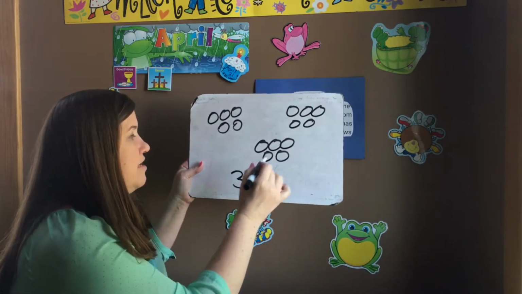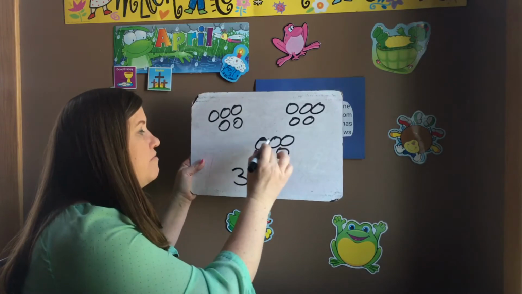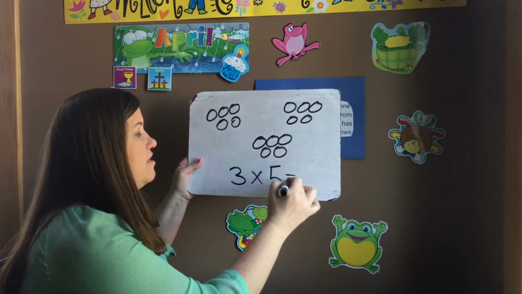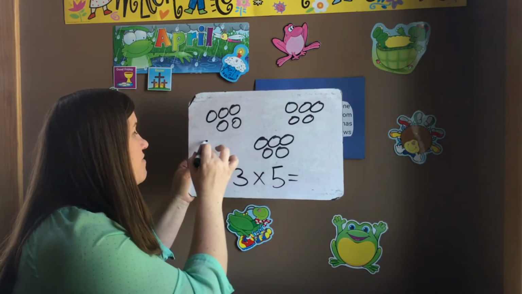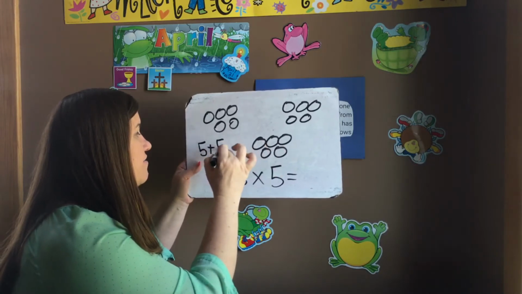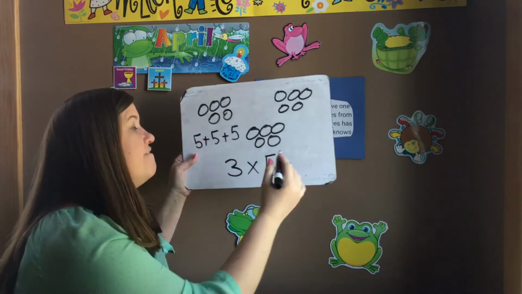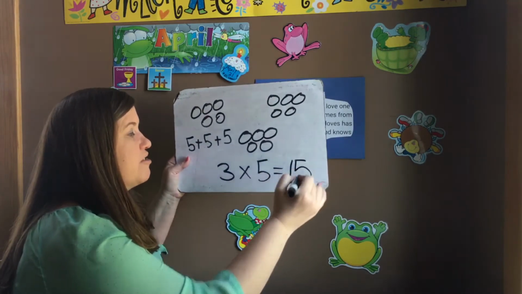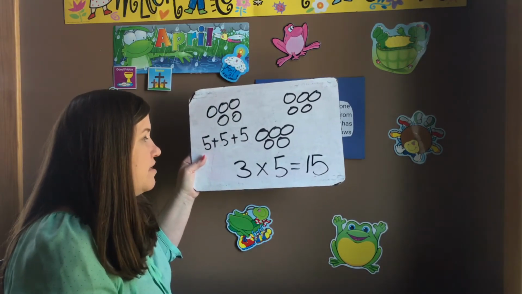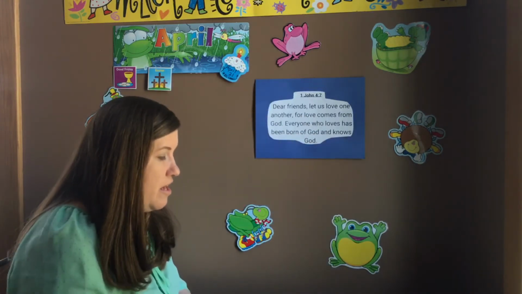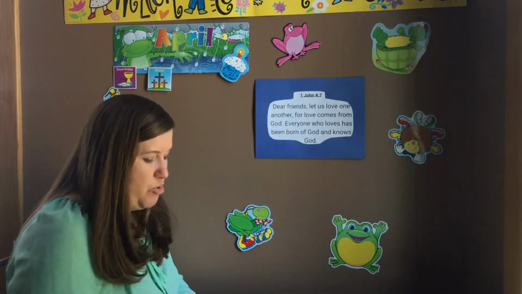And how many is in each set? 1, 2, 3, 4, 5. 5. So we can think 5 plus 5 plus 5. 5, 10, 15. 15. 5s are easy to do on your fingers because we know how to count by 5s. Okay? All right, so let's look at some word problems now.